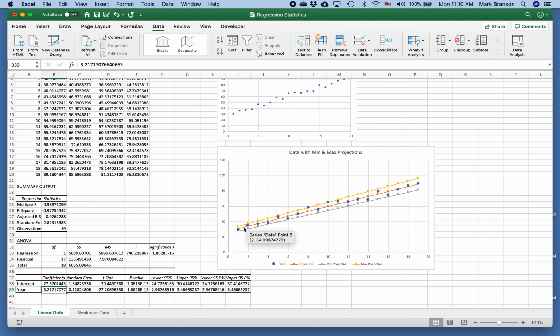And then I've also graphed the max and the min of that 95% projections. So you can see the gray is kind of the minimum. That's using these lower values, 24.72 and 2.97. And then the upper, or the max, is using the upper values, 30.414 plus 3.47x.